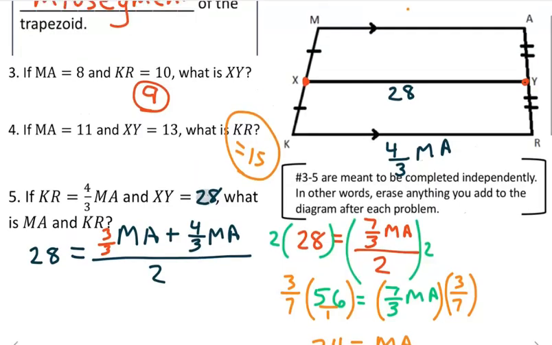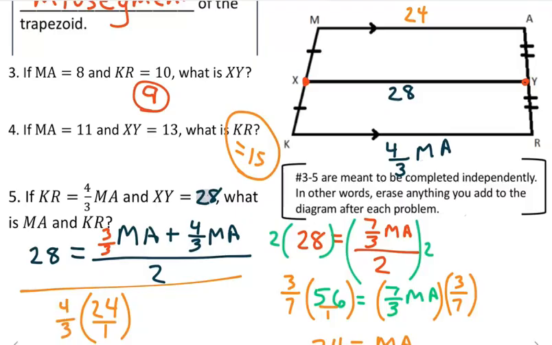Now let's put this back in and make sure it makes sense. Now 24 times 4/3 will give us the distance from K to R. In a similar way as the last one, I would probably cancel a factor of 3, and so 4 times 8 gives us 32 for that other base.